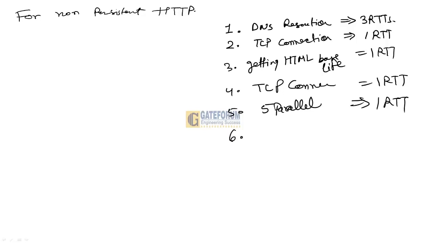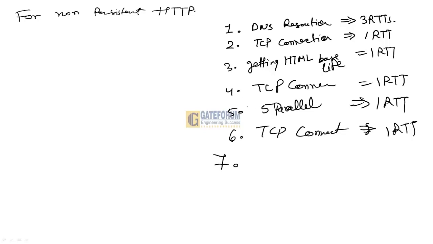After that, we need to establish a TCP connection again. Every time we need to establish this connection because it is non-persistent, so it requires 1 RTT again. Then 1 RTT for getting the remaining 5 objects.